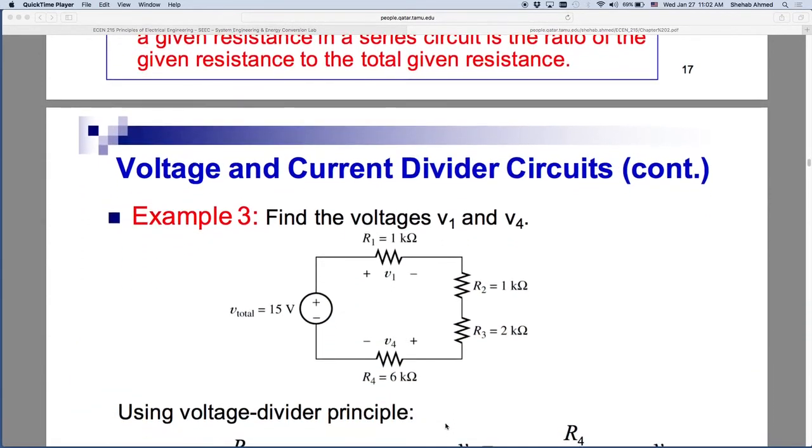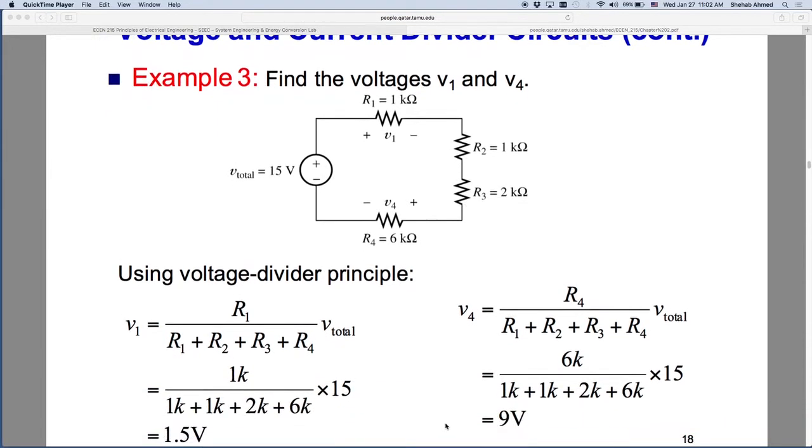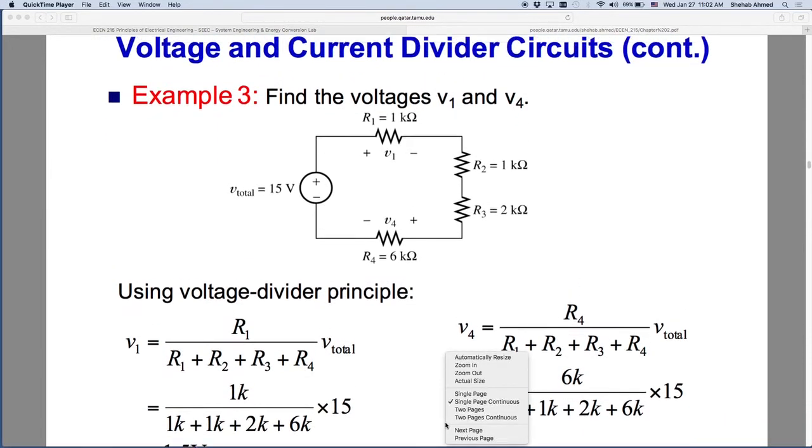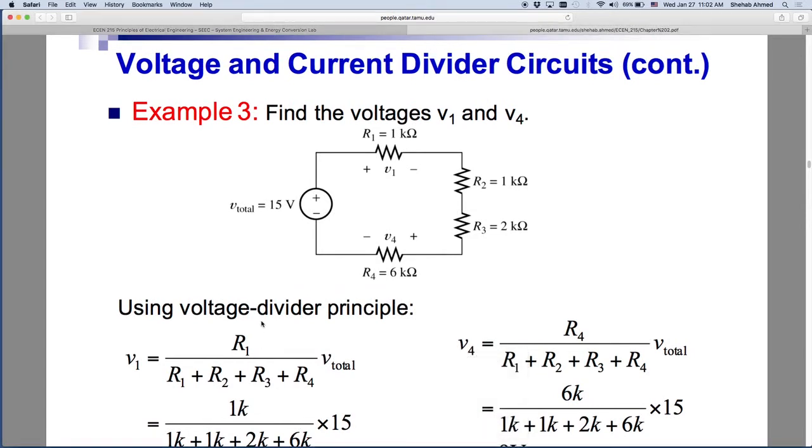So let's look at how we apply that here. So here we have a circuit, three resistors in series. What we want to do is find the voltages V1 and V4, right?